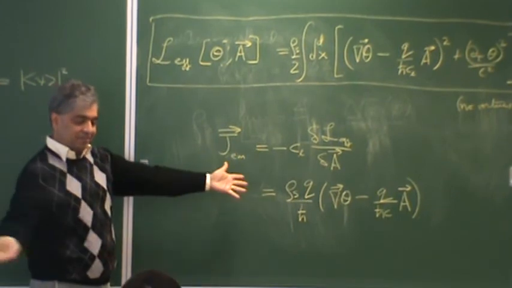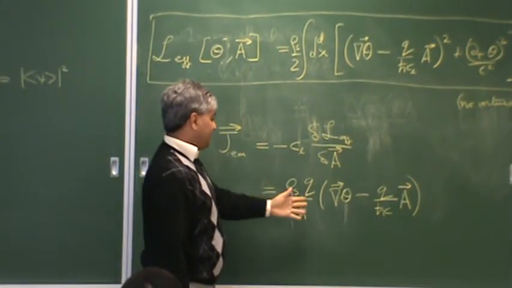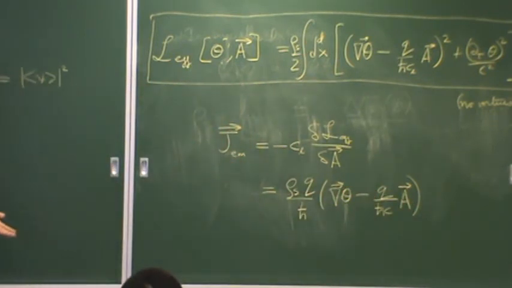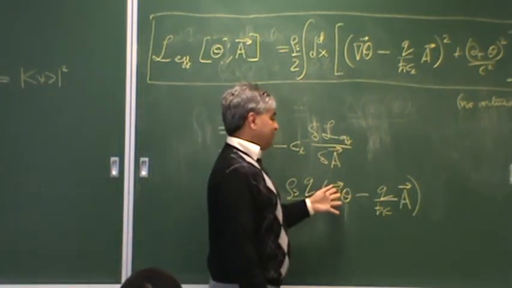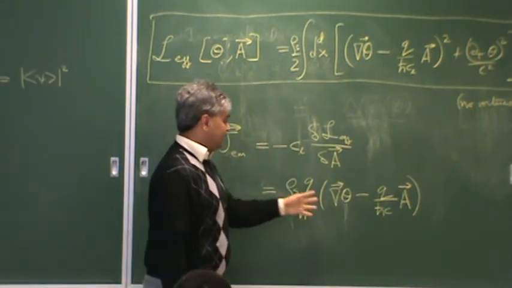It's something you can measure with your ammeter. It has some value, and this is also gauge invariant. And so this gives us a physical meaning of theta: gradients of theta carry current. But not strictly gradients of theta, you have to make it gauge invariant because theta is not a gauge invariant quantity.